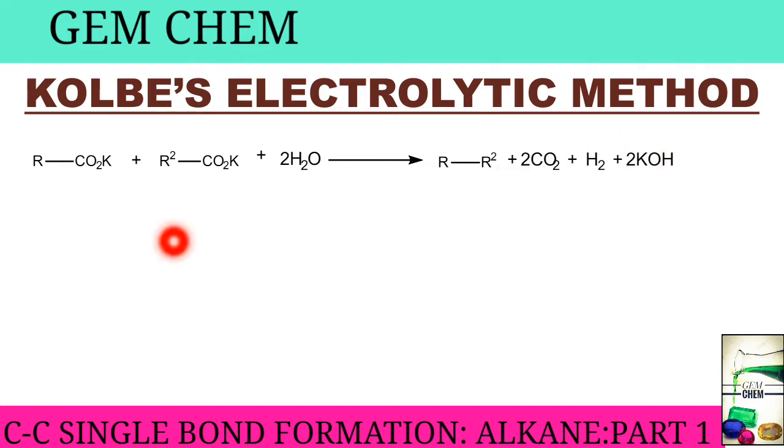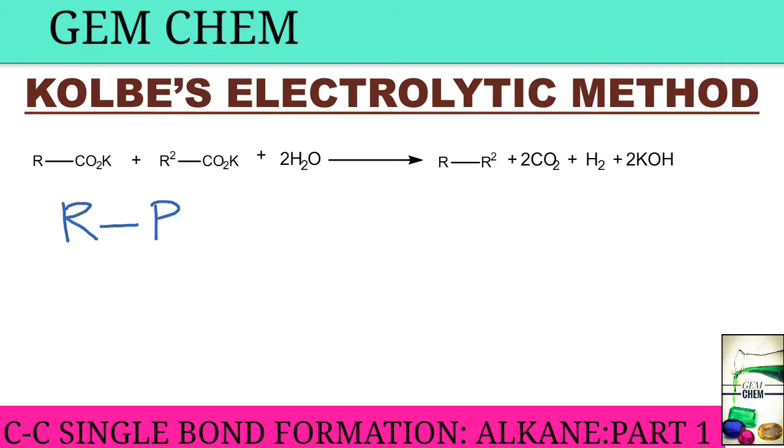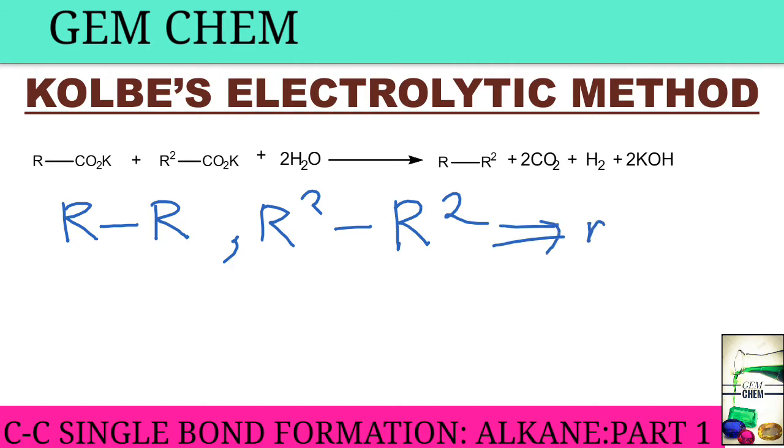This method gives RCO2K plus R'CO2K plus 2 water produces this, the desired product R-R', plus 2 carbon dioxide plus H2 plus 2 KOH. But from this we also get self-coupling products, RR and R'R'. These are not at all desired. But why do we get such products? Because this reaction takes place through a radical pathway, and we will see the mechanism.